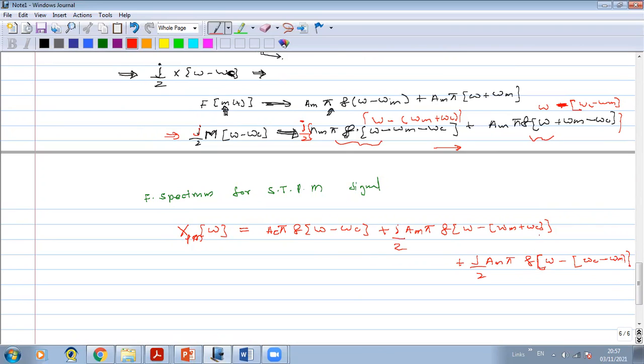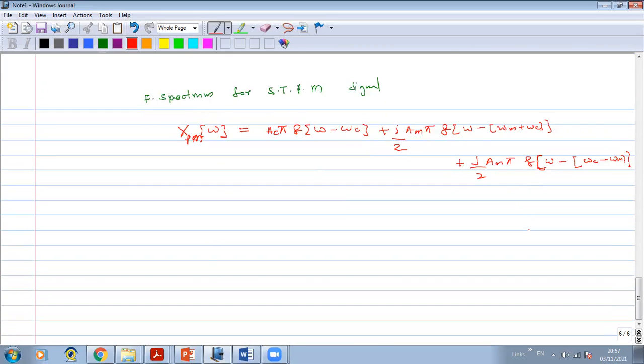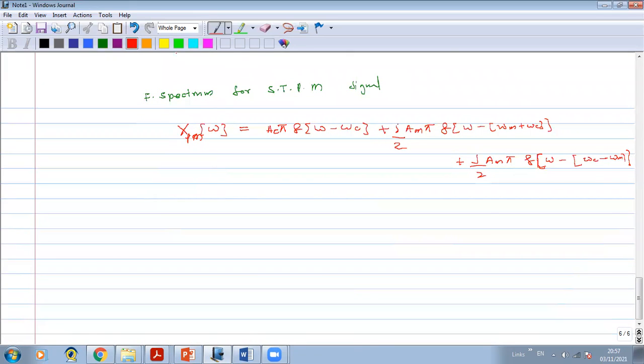Now if I draw the frequency spectrum here, this term is an impulse function shifted to omega c, and the pulse function will look like this, A_c 5.